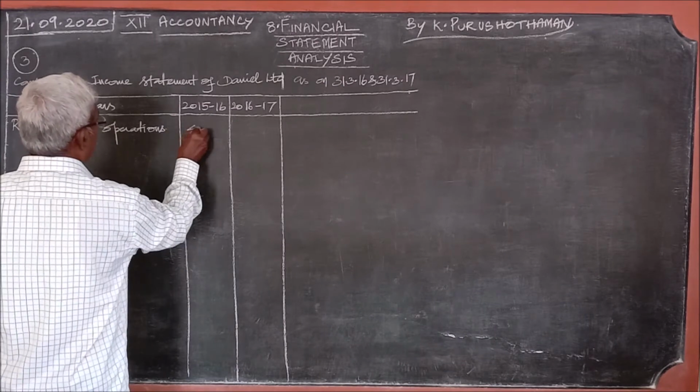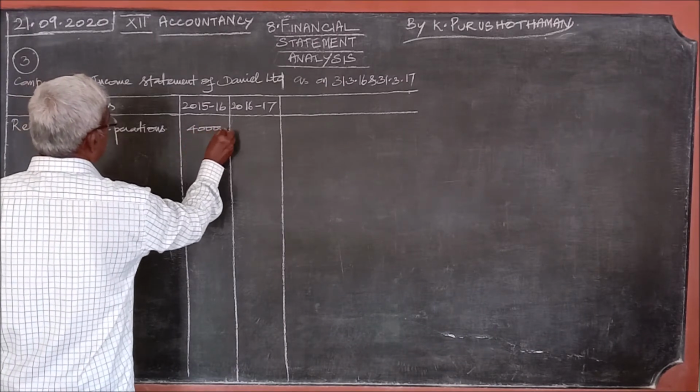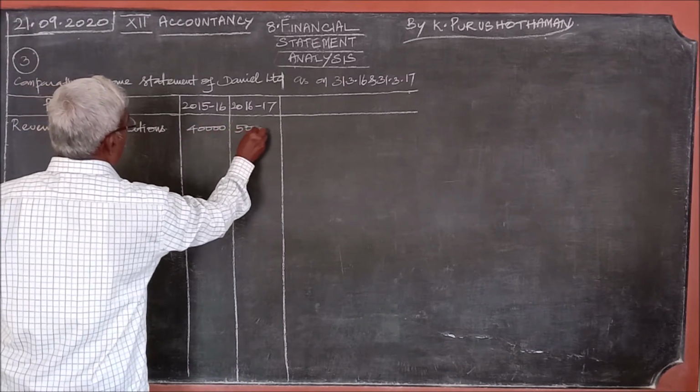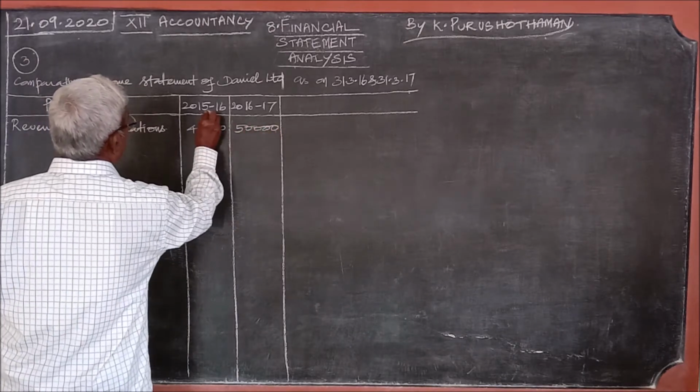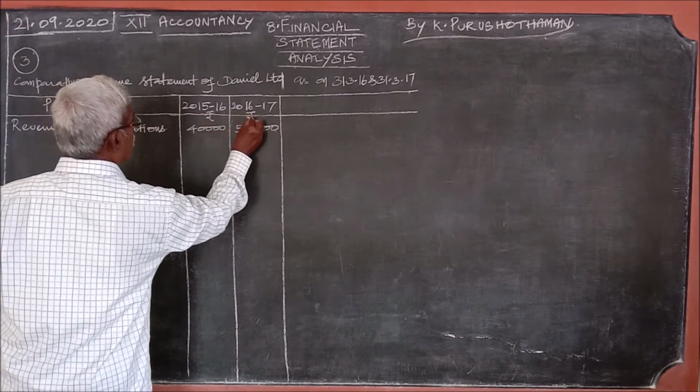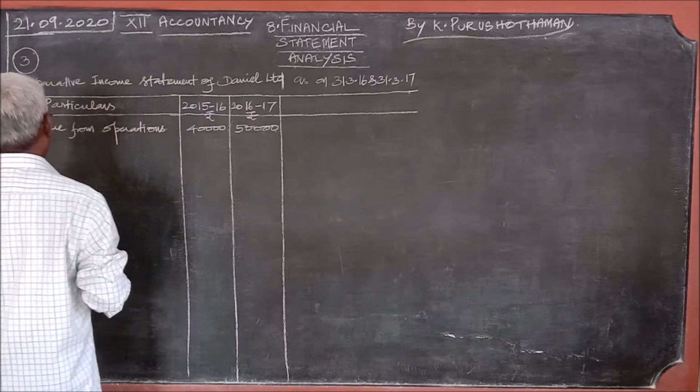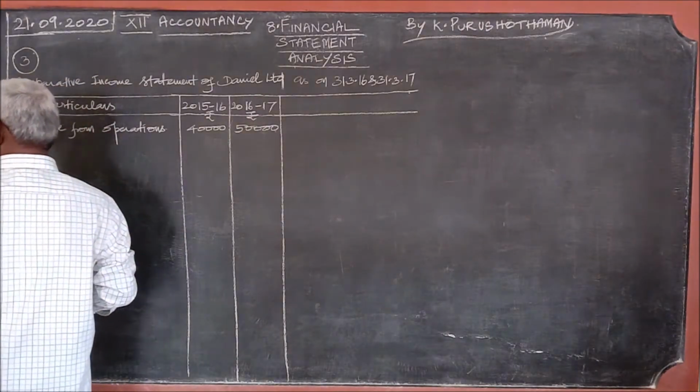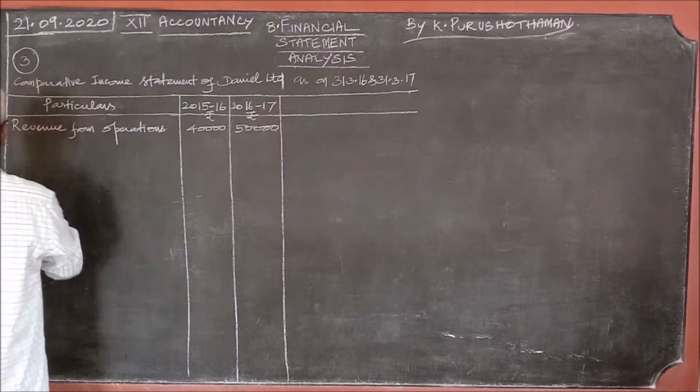$40,000, $50,000. And less operating expenses.